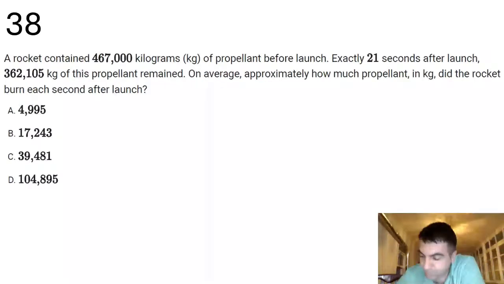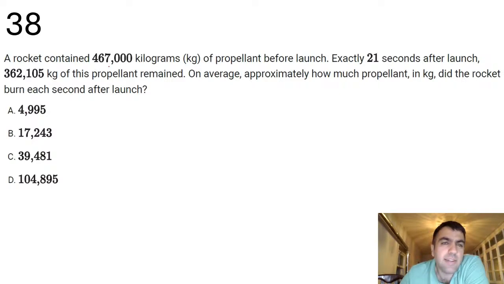38th question. Fear says it is A. Let's solve.